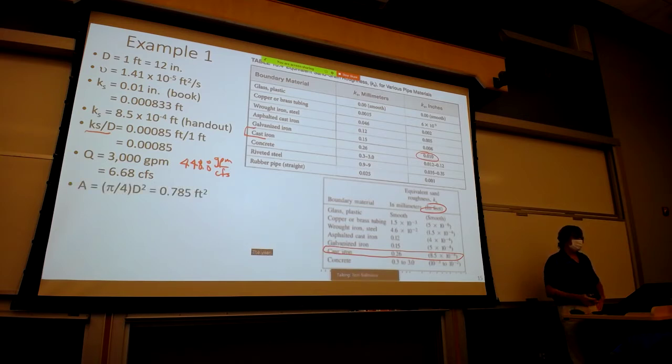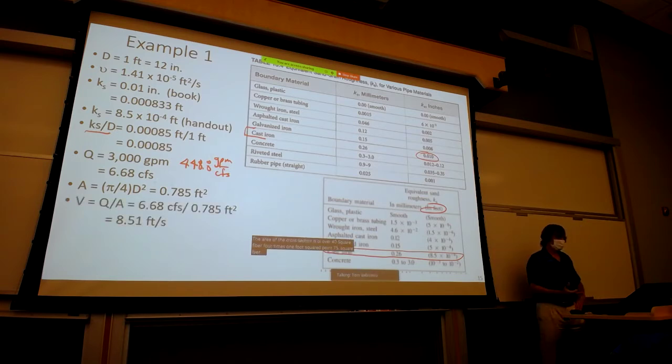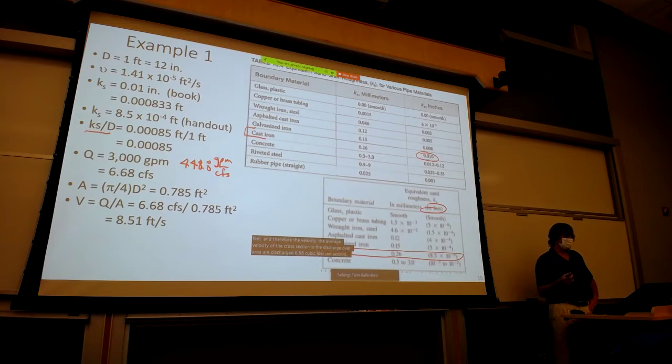The area of the cross section is pi over 4 d squared, pi over 4 times 1 foot squared, 0.785 square feet. And therefore the average velocity of the cross section is the discharge over area. Our discharge, 6.68 cubic feet per second, divided by the area, 0.785 square feet, is 8.51 feet per second.